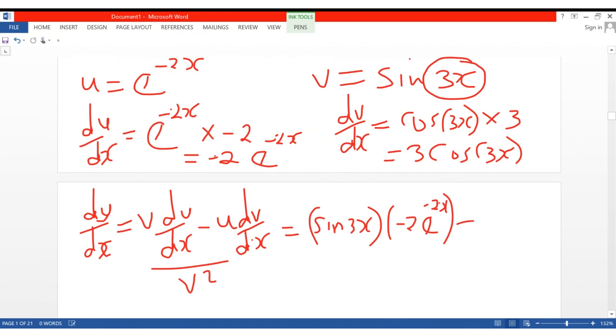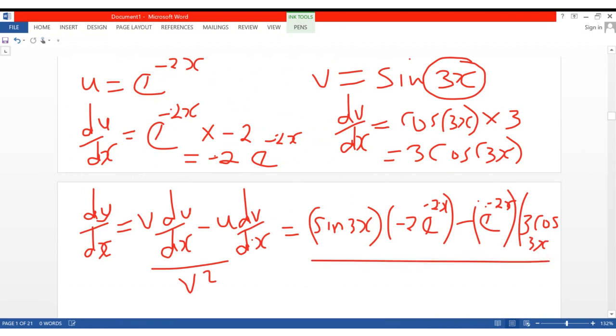Remember, it's always minus. And then our u is exponential negative 2x. That is my u. And then my dv dx is 3 cos 3x. And then all over v squared. Our v is sine 3x, squared.